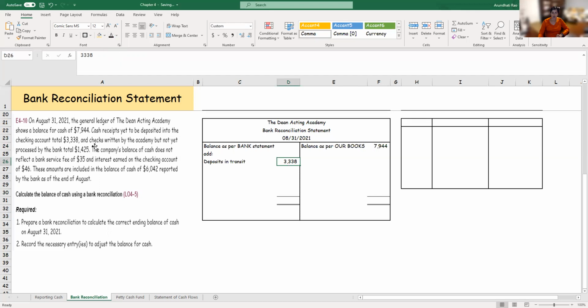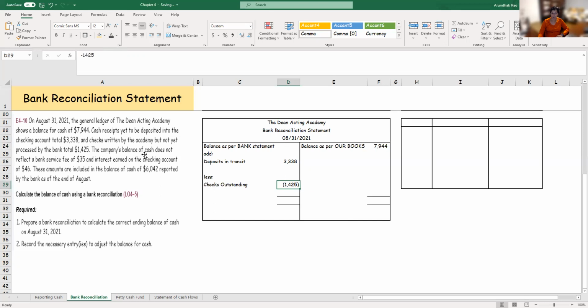Okay. We have written out checks, but these have not been processed by the banks. Now, this is an example where we have written checks. We have credited cash in our books, but it has not yet cleared the bank. And when it does, we will be short by $1,425. We won't be short as in we already know that we've made the payment, but the bank account will decrease by $1,425 when those checks clear.